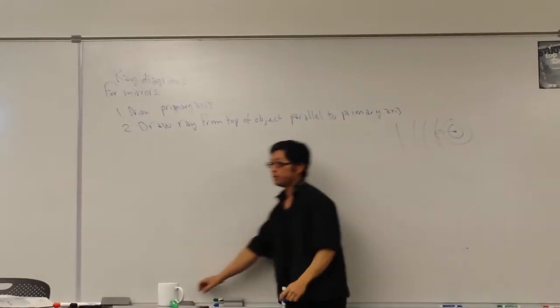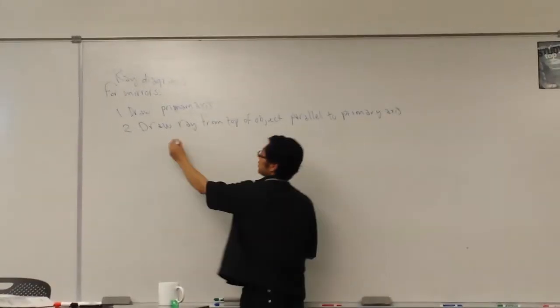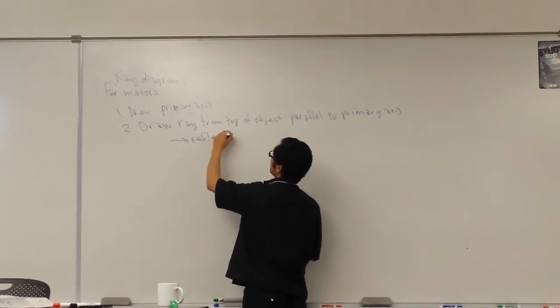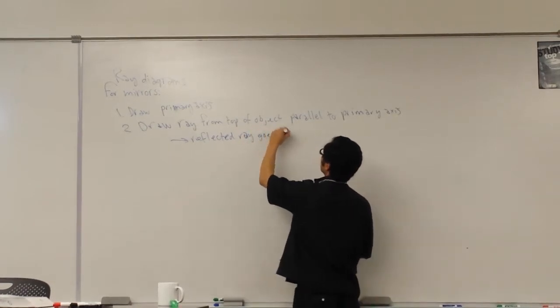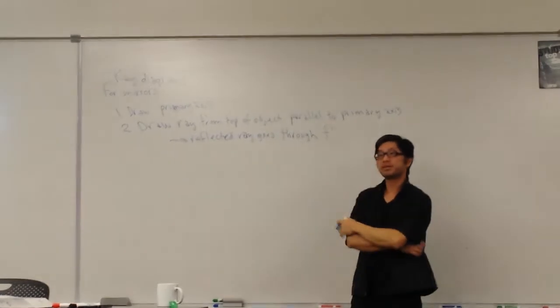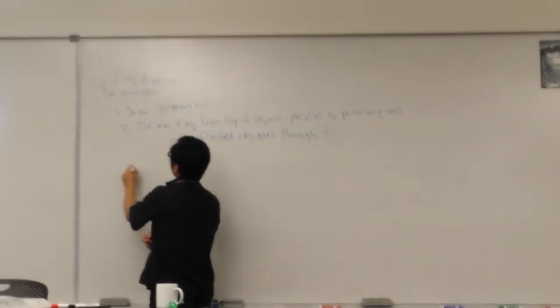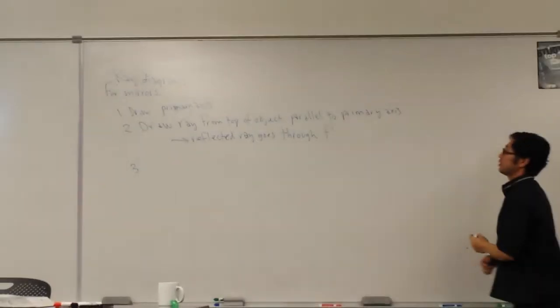Right? And then what happens after that? As a result of that, the reflected ray goes through F, the focal point. Number 3. Actually, let's do each of these steps as we say them.